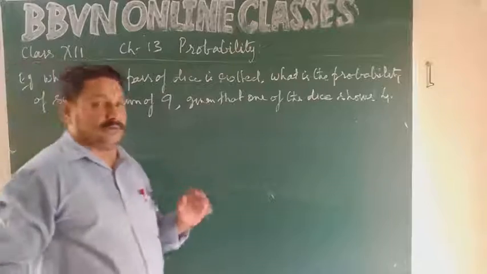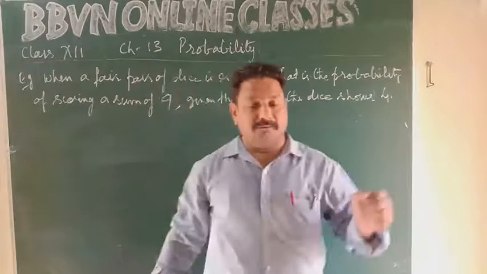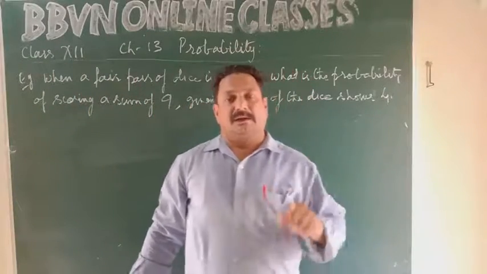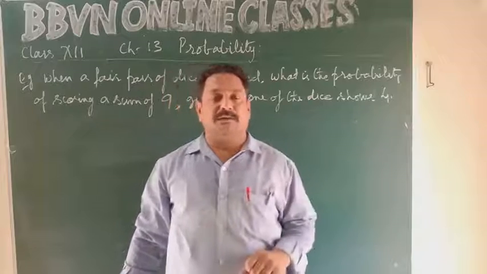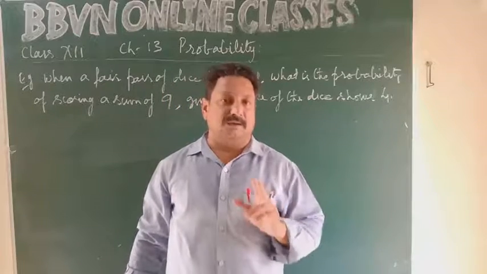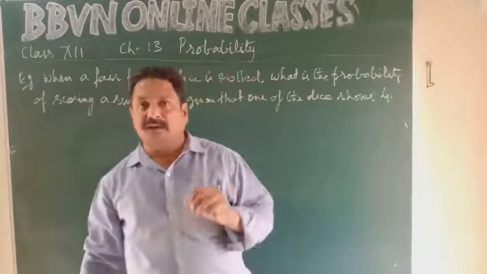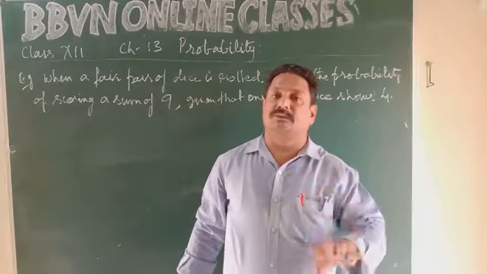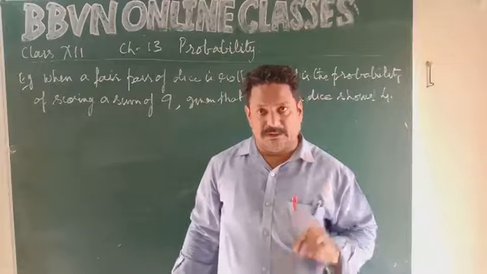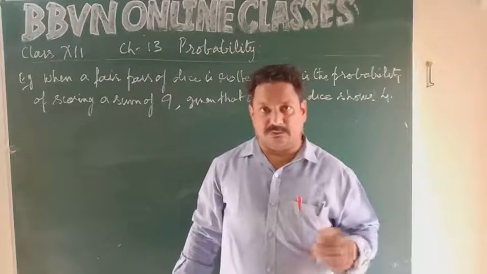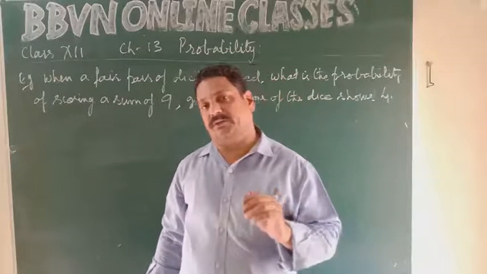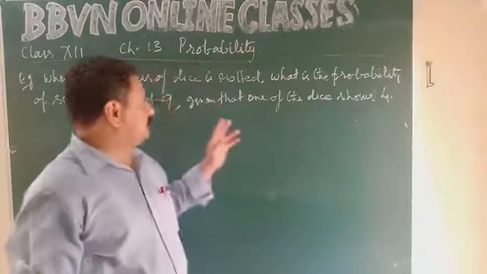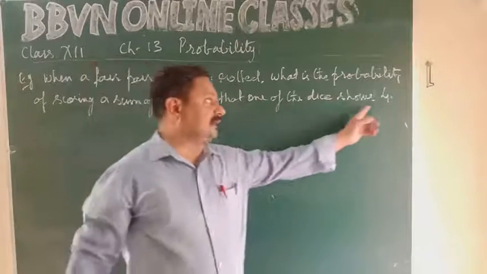Okay, now there are two events. One is when we are rolling a fair pair of dice, the numbers that occur on the top, the sum of those numbers should be equal to 9. This is one of the events. Another event is one of the dice shows 4. Out of those two dice, the first one or second one, whatsoever it is, it shows the number 4. Now the question says given that, this is the condition.